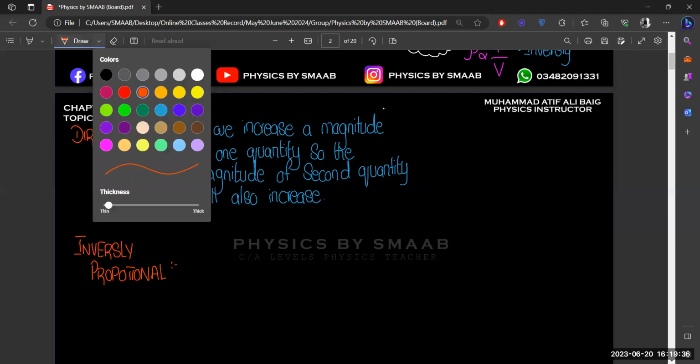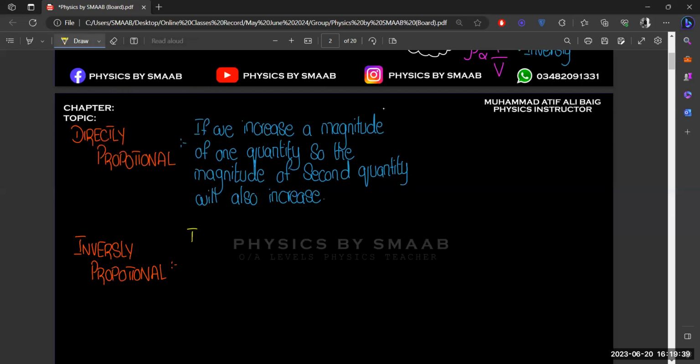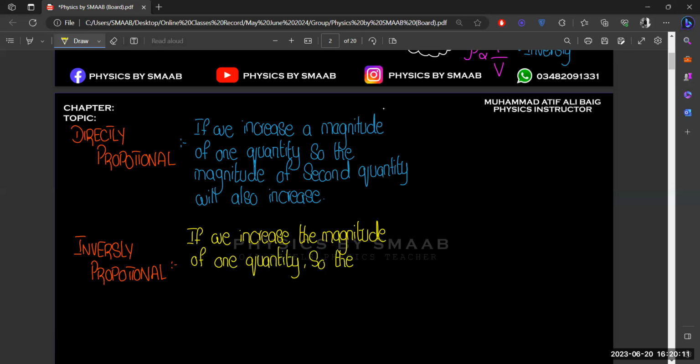So the second definition is: if we increase the magnitude of one quantity, any idea what will happen? No, sir. That is inversely proportional. Inversely proportional means the magnitude of the other quantity will decrease.